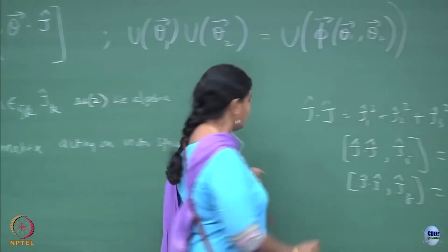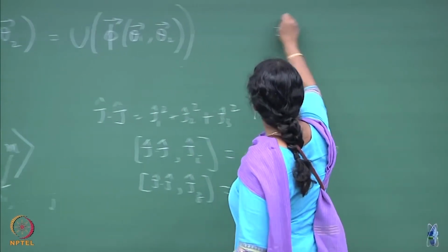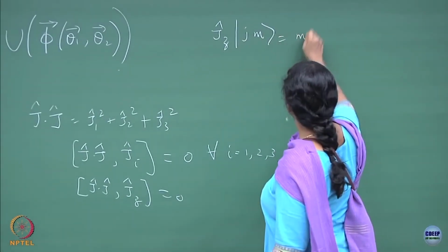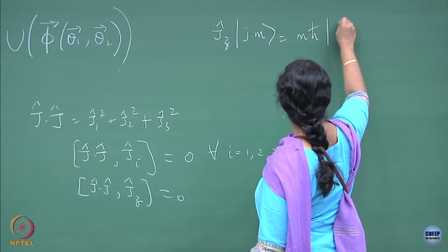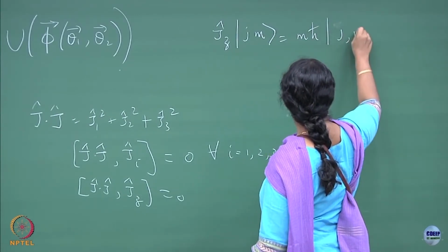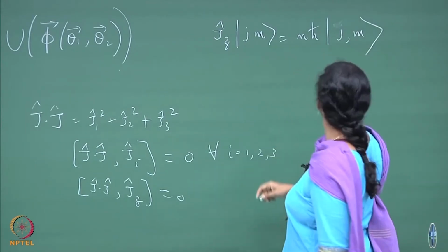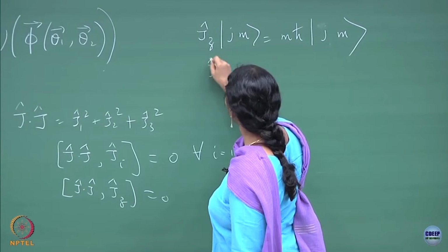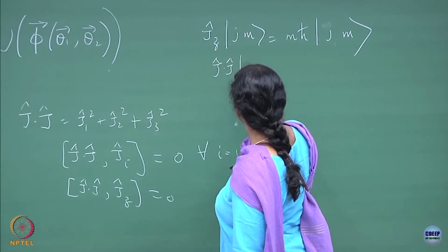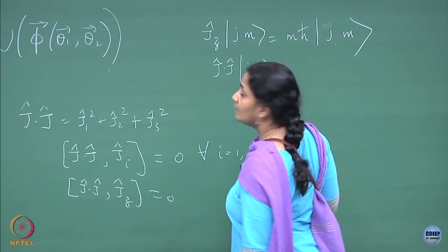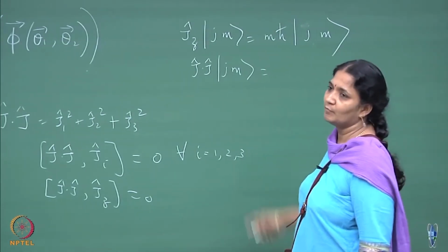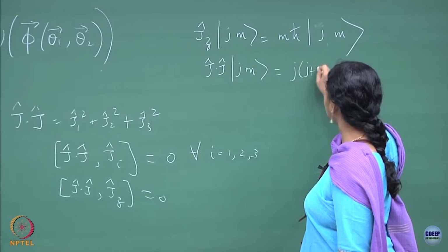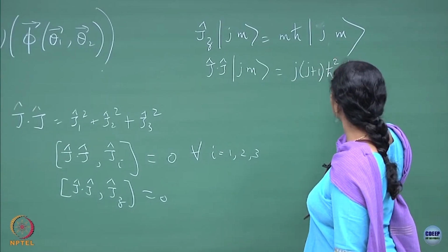What I mean by this is that Jz on |jm> will be m h cross |jm>. And J dot J on |jm>, you can find the number, but if you find it explicitly, it turns out to be this.